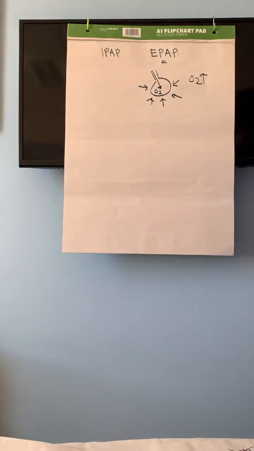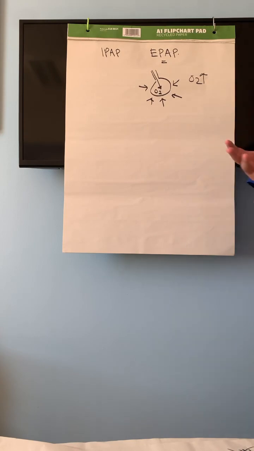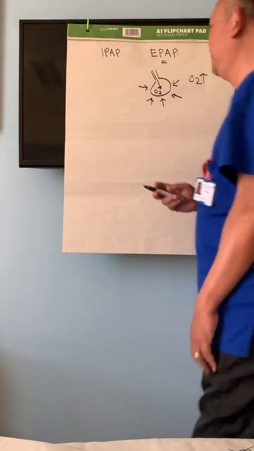If you are struggling with oxygenation, think about adjusting the EPAP. If your EPAP is 4, you may think to increase it to 6 if your patient is not achieving the target SpO2.